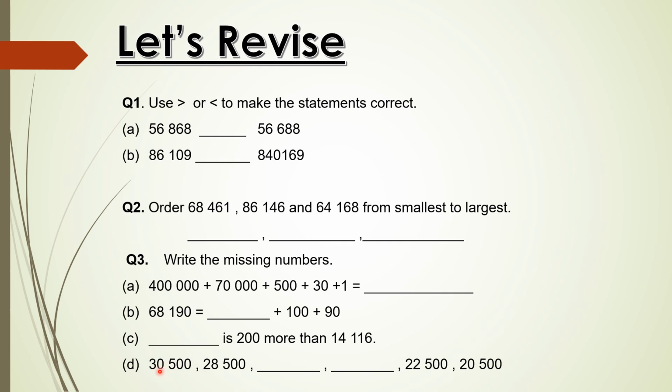Minus 2,000. So again I am going to minus 2,000. So what am I going to get? 28 minus 2. 26. So 26,500. And then 24,500, then 22,500, and then 20,500.